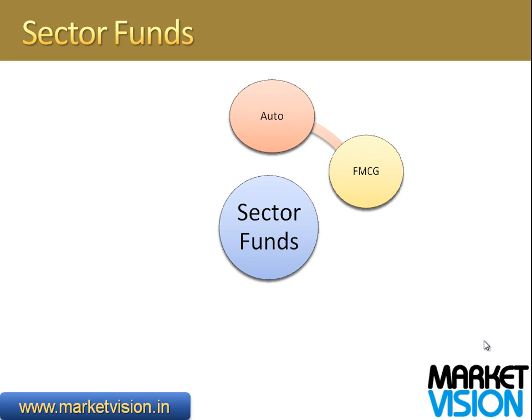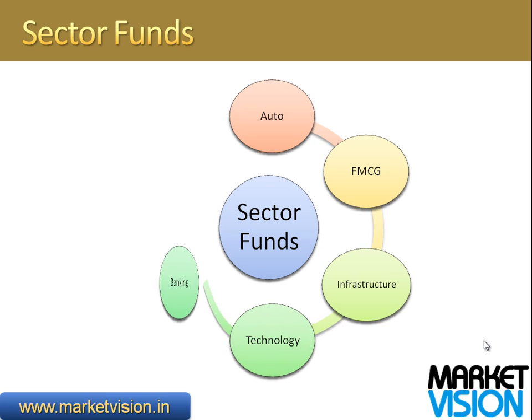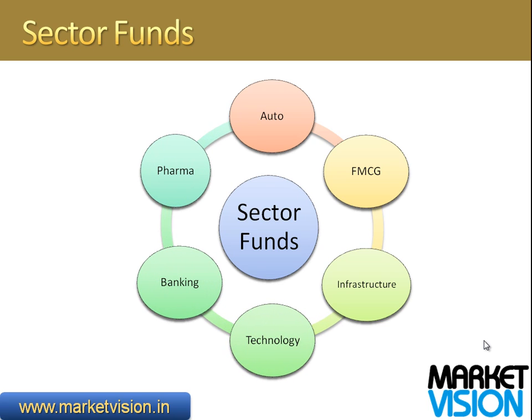You've got funds that do auto companies, or fast moving consumer goods, infrastructure, technology, telecom, banking, pharma, all these different kinds of funds. But these are a little bit for the show, because a fund may say I'll invest in infrastructure, and it'll go buy a banking stock. It may go buy an FMCG stock.